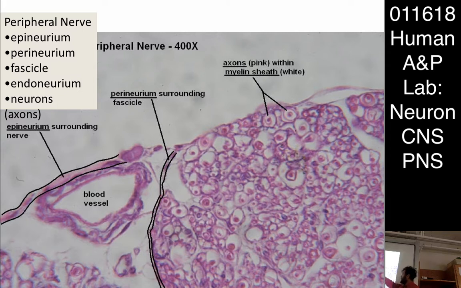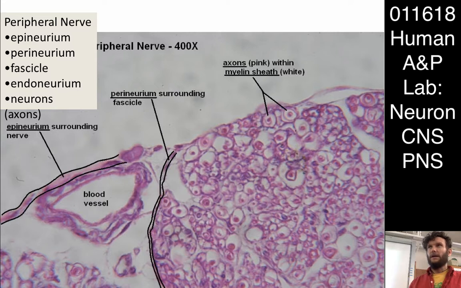And the white surrounding it is going to be the myelin sheath because it's white because it's fat. It's just lipid membrane. That's all it is. Just lipid bilayer, stacks of lipid bilayer. So very hypodense appearing on the image here.